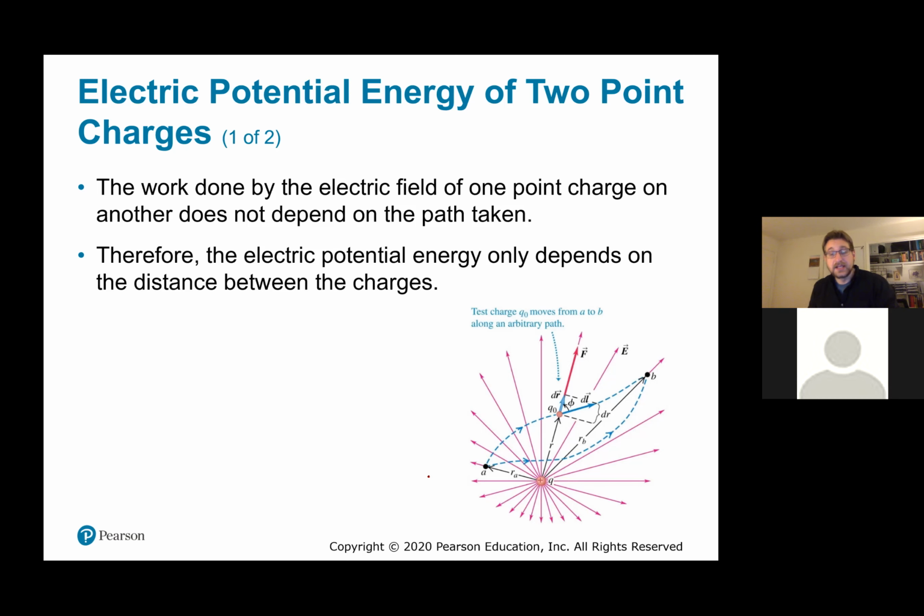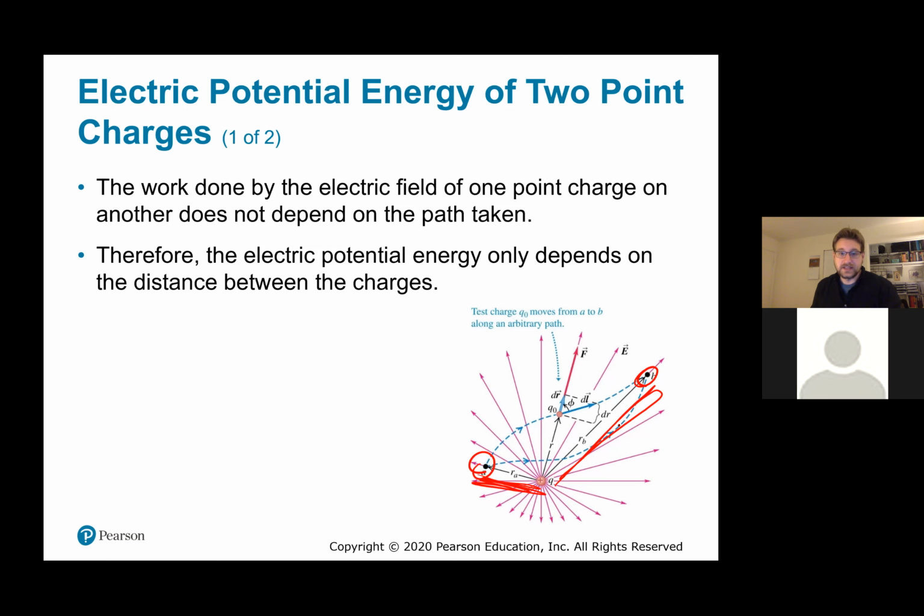It's path independent. And all we care about is where the two charges are. What is their separation? Because that's the line along which the force acts. A test charge moves from A to B on arbitrary paths. Don't care about the path. All that matters is how far away are we now? How far away are we then?